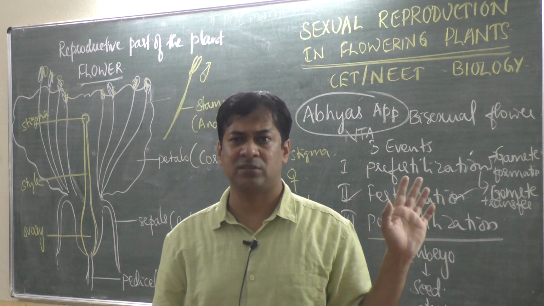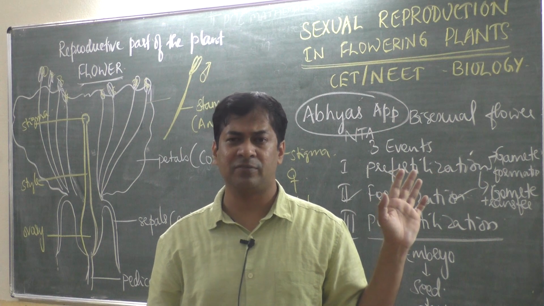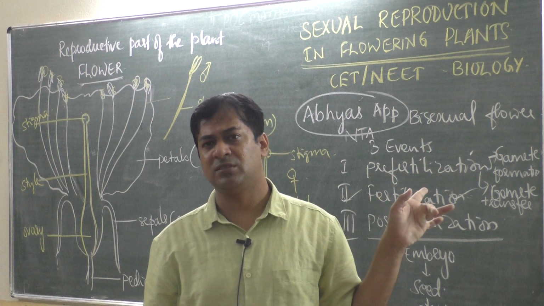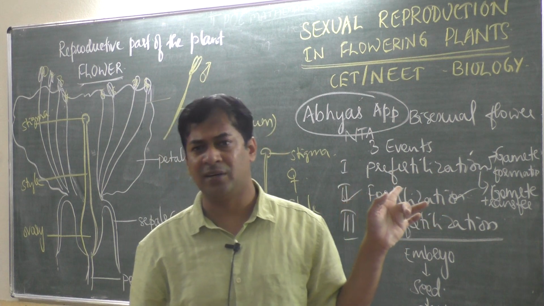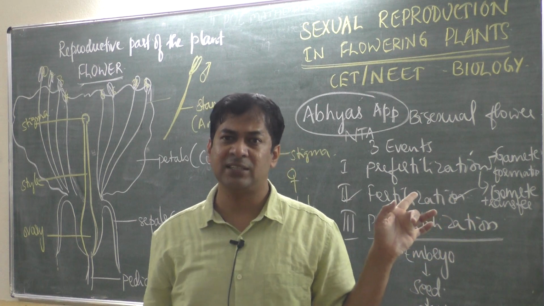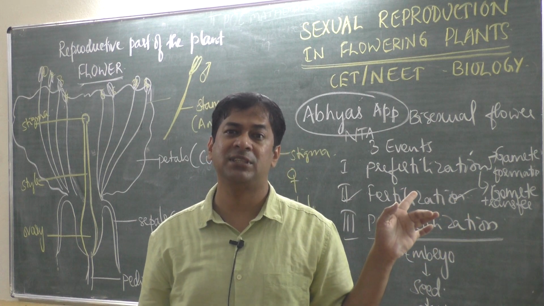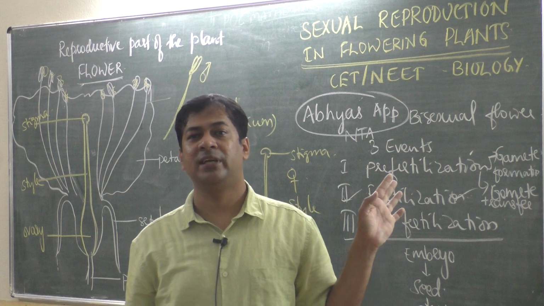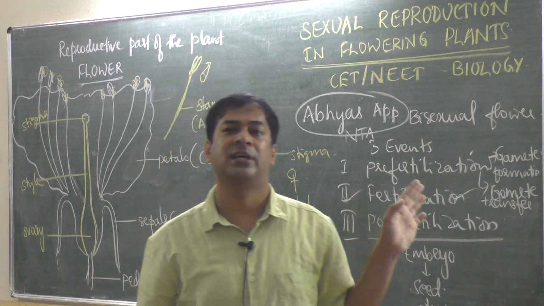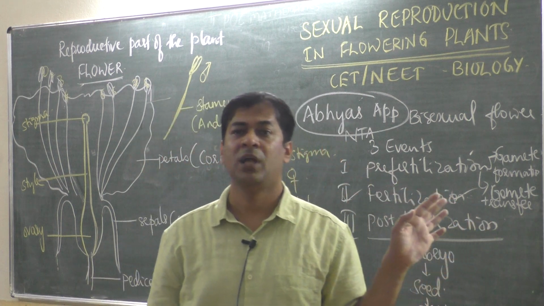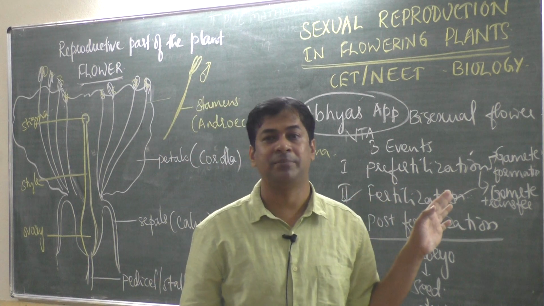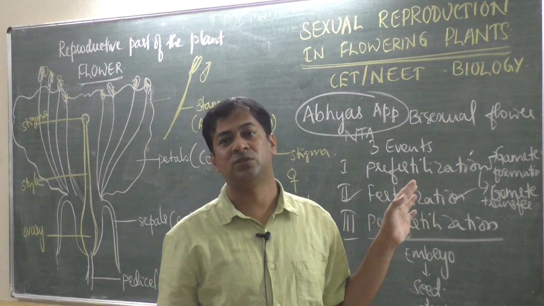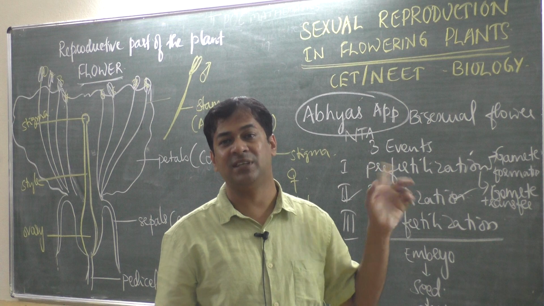That is 22 chapters of first year and first one chapter in second year. So 23 chapters out of 38 chapters in biology, first year 22, second year 16 chapters. So together it is 38 chapters in biology, first year and second year.